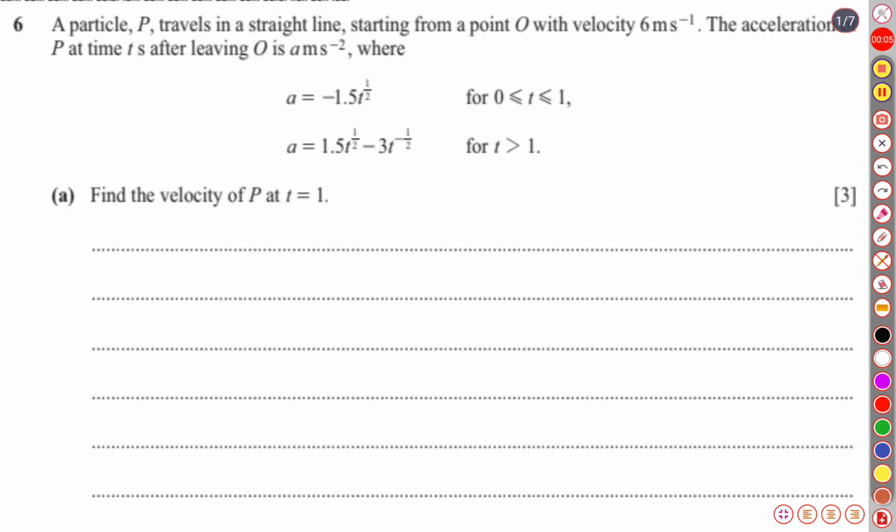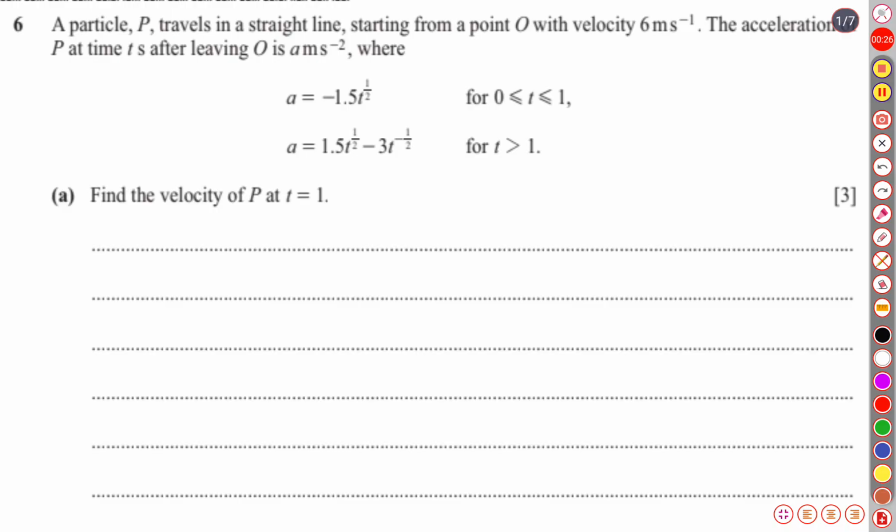Today we are going to solve a question from mechanics, and this particular question belongs to paper 9709/42 for the session October November 24. Let's solve question number 6, which says a particle P travels in a straight line starting from a point O with velocity 6 meters per second.